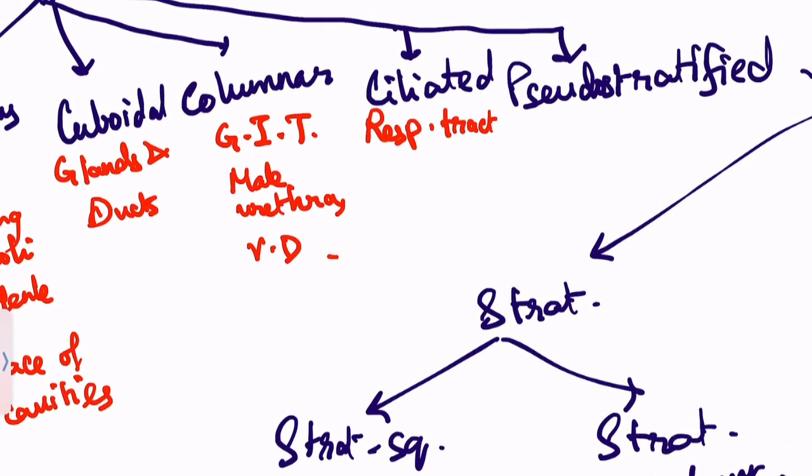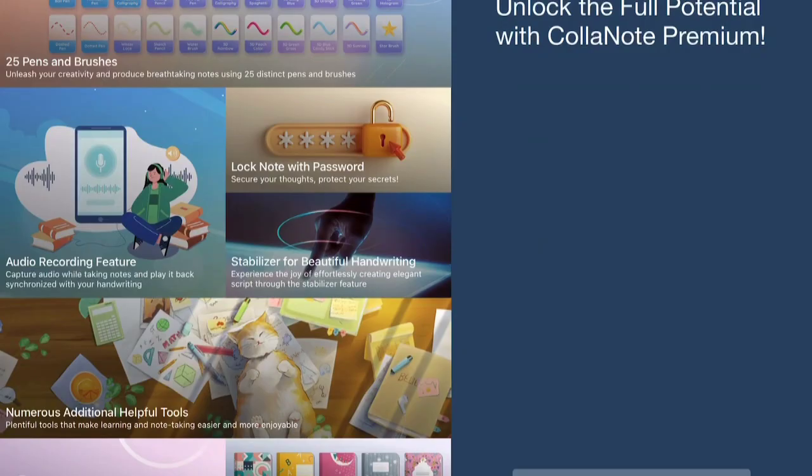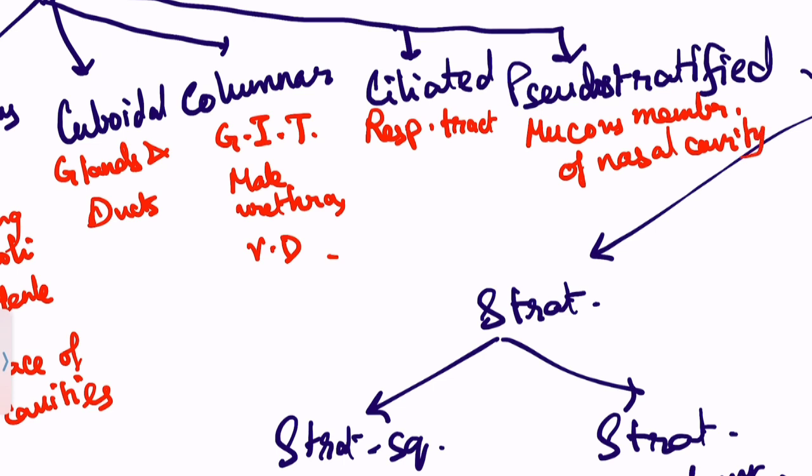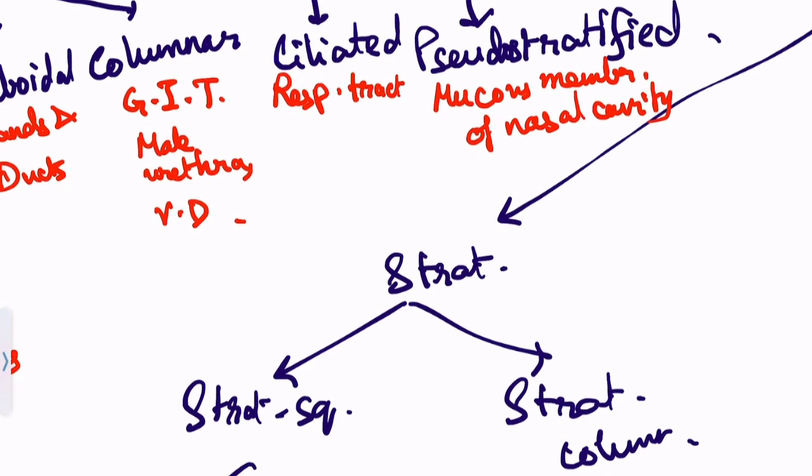Then pseudostratified. Pseudostratified is mainly mucous membranes of nasal cavity. Yeah, that's a nice example.